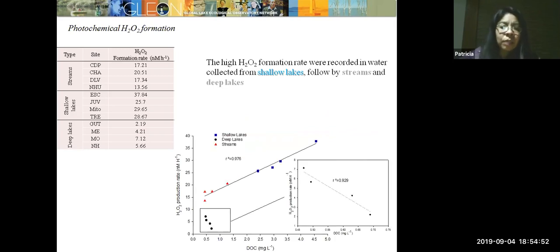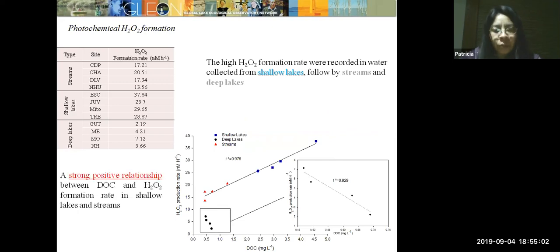In this plot, I wanted to show you the DOC concentration and the formation rate, and we see 2 clear patterns. This was very wonderful for us. We see a very strong positive relationship between DOC and hydrogen peroxide in shallow lakes and in streams, and a negative correlation between DOC and hydrogen peroxide in deep lakes.